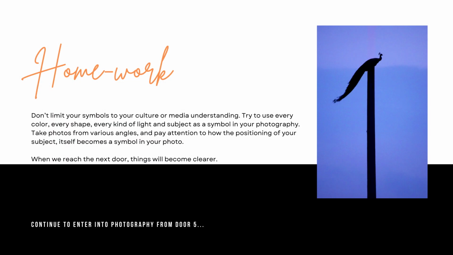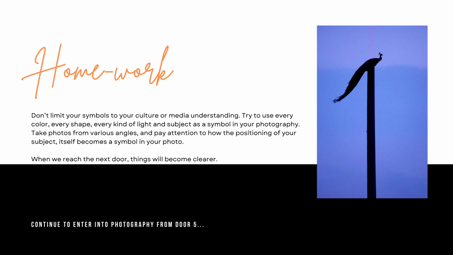When you play with that idea of having a visual symbol in your photo and then using certain verbal symbols also visually, you start opening a door of photography which connects you with so many viewers all across the world, far beyond your own culture. So I suggest you don't limit yourself to just your own socio-cultural symbology.